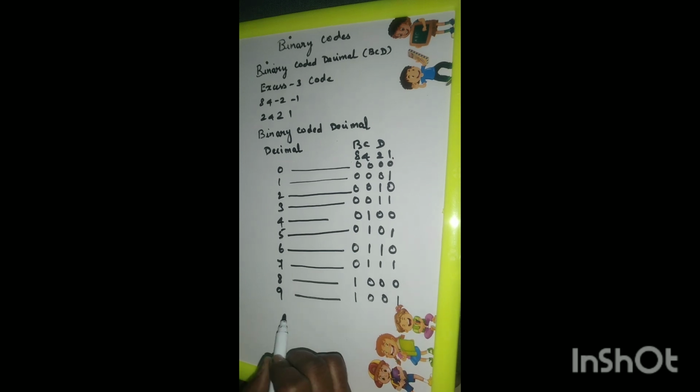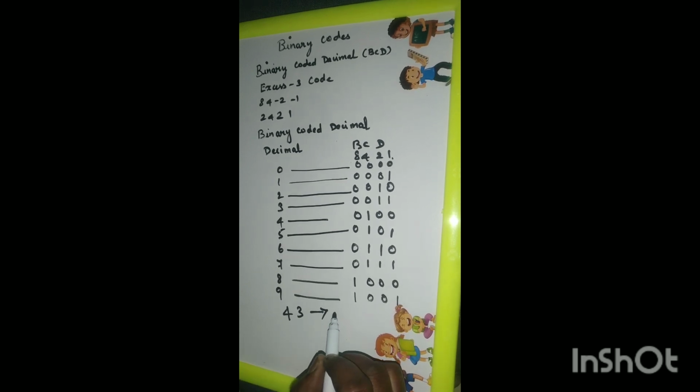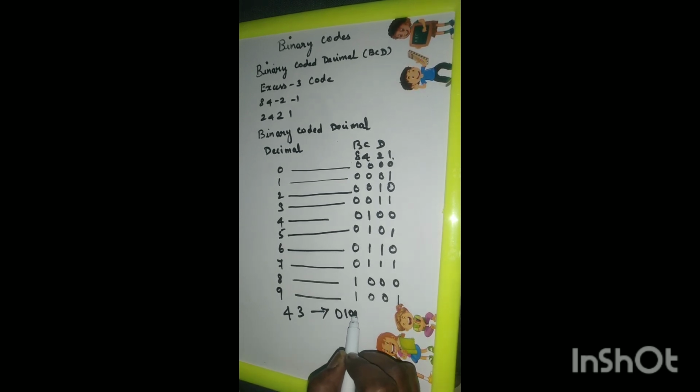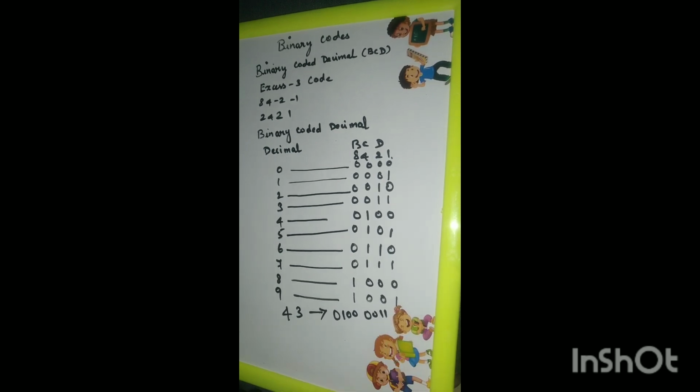For example, 43. 43 is represented as 0100 for 4 and 0011 for 3. Okay, this is not similar to binary conversion. For binary conversion we continuously divide 43 by 2 and take the remainders, and arrive at the binary conversion for 43.